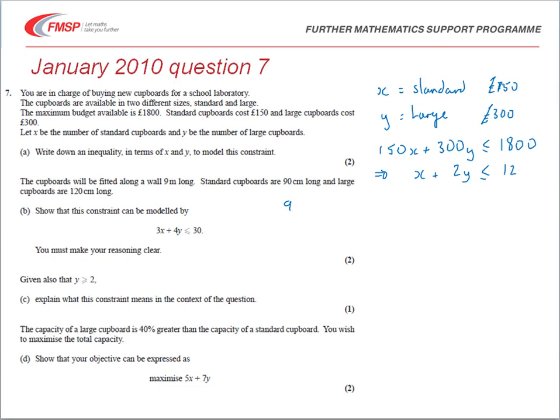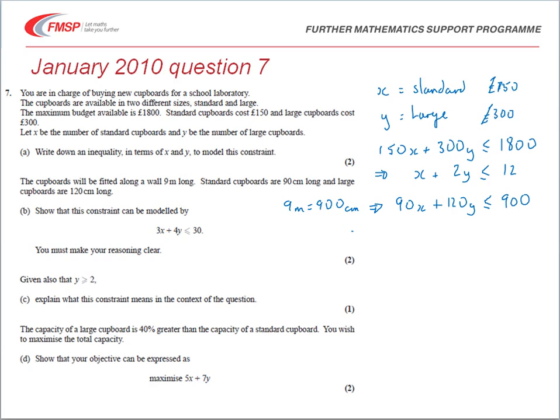So I think we'll say that 9 meters is 900 centimeters, so that means that the length for all the x's are 90 centimeters each, so 90x, and the larger cupboards are 120, so 120y, and that must be less than the 900 centimeters that we have in total to fit along the wall.